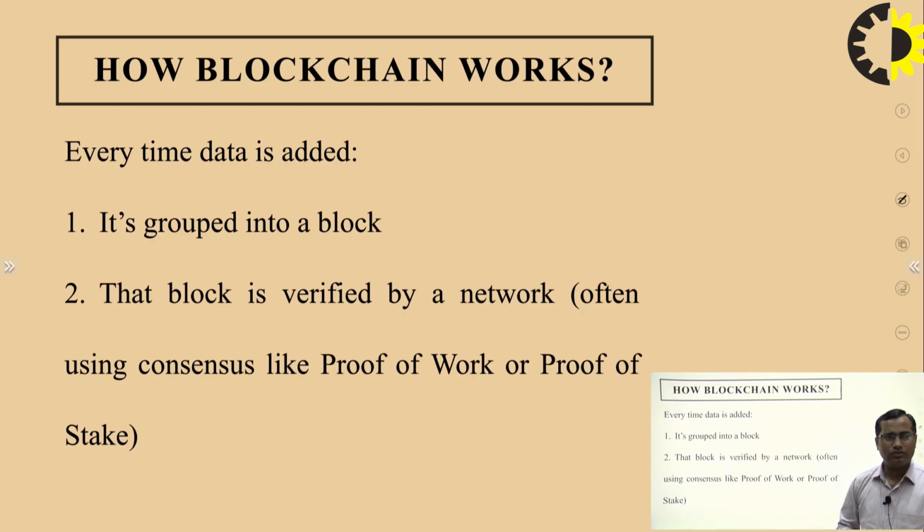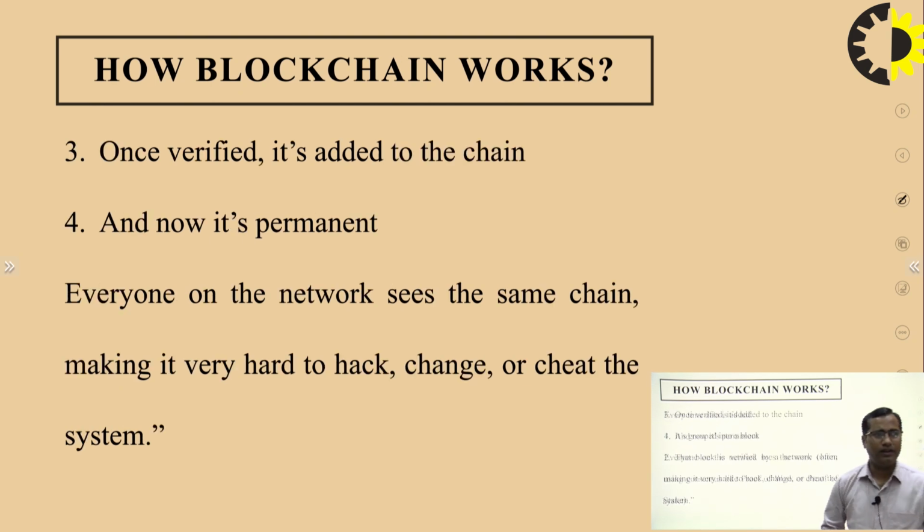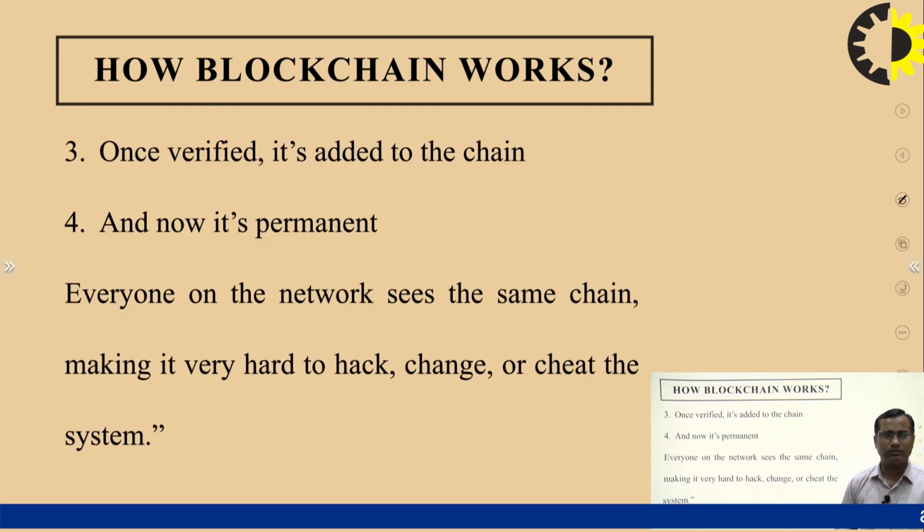These algorithms verify the block, and once the block is verified, it is added to the chain. And once the block is added, that means the group of transactions is added to the network. Now it is permanent. Now it cannot be changed. And everyone on the network can see the same chain, the same data that is shared across the network. So making any change to the data or hacking the data is very hard.